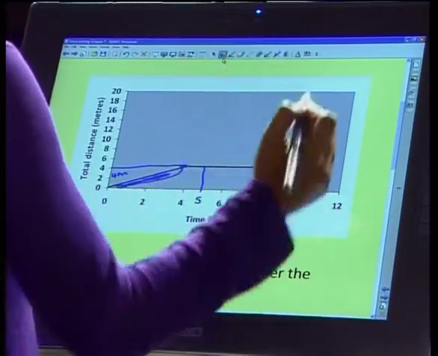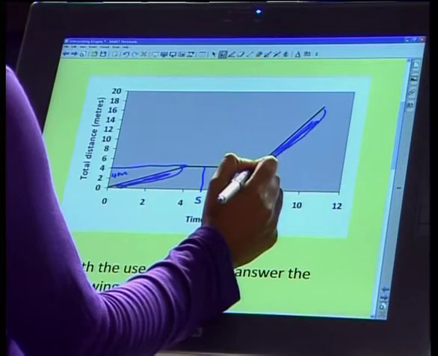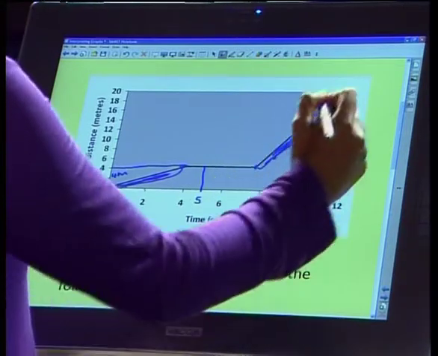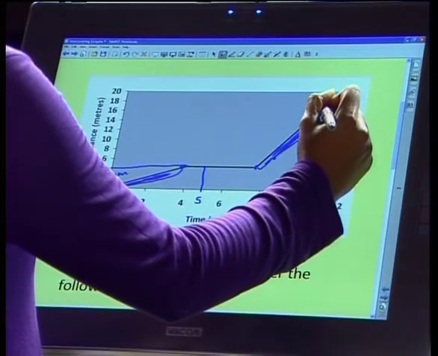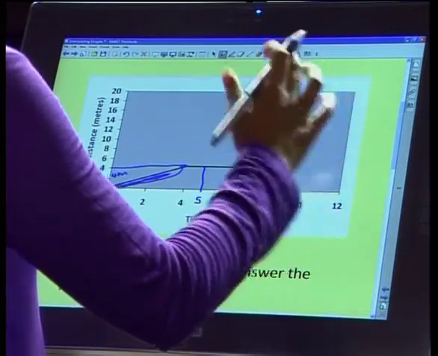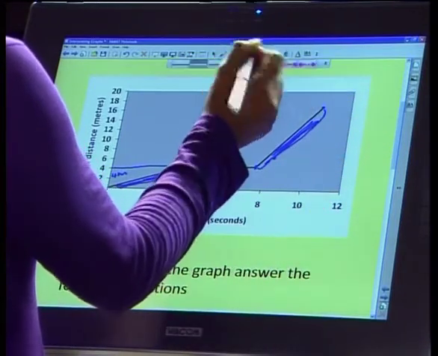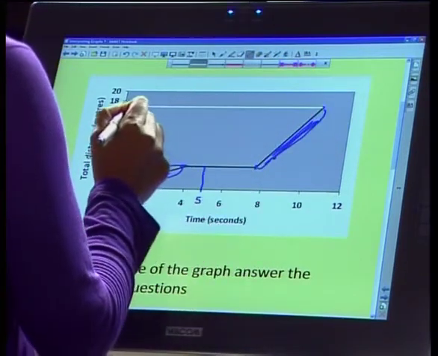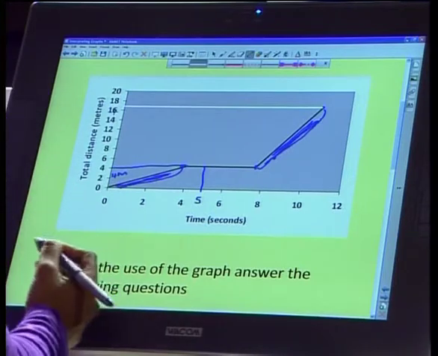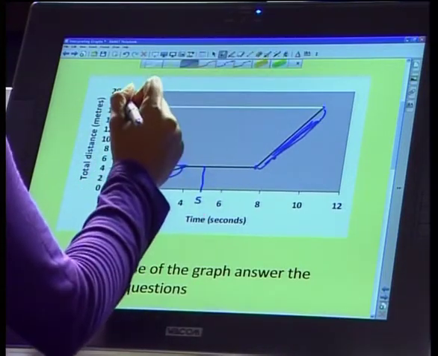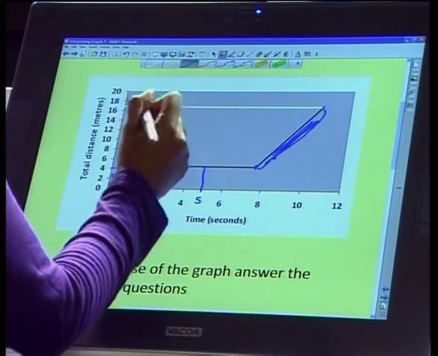So in order to do that, I go to this portion. I see that she stopped resting at the 7th second, and from that point she sort of walked this distance. I need to find out what that distance is. So all I've got to do is go across from this point and see where it hits the y-axis, and that's roughly about 17,5 on the y-axis.